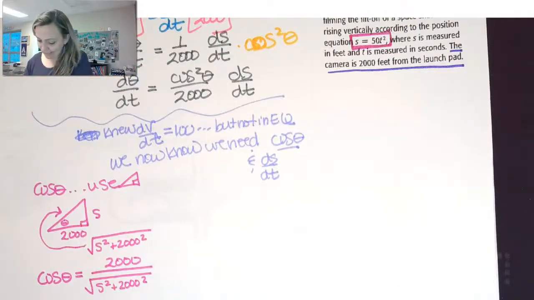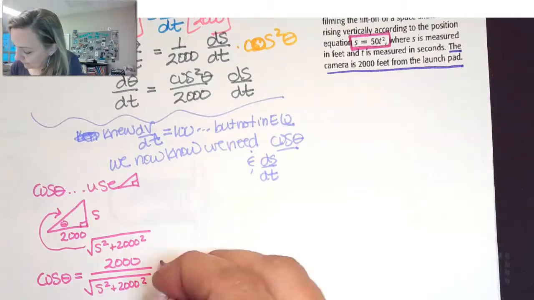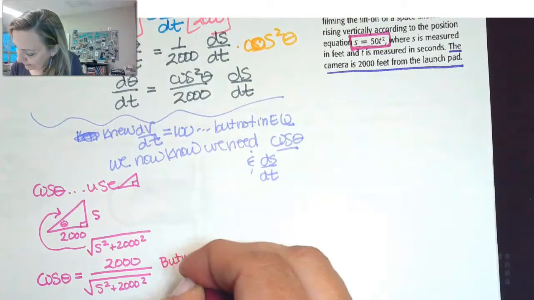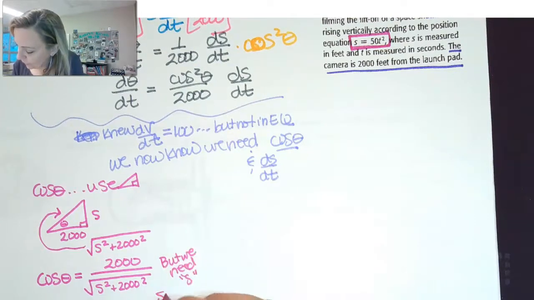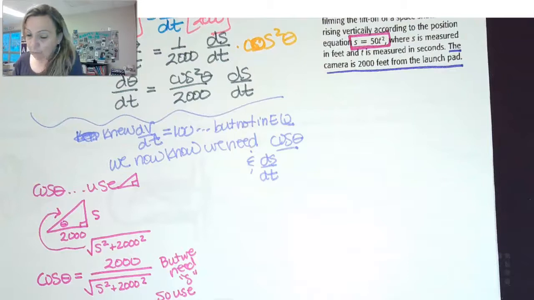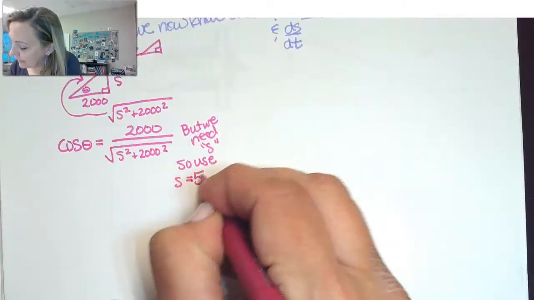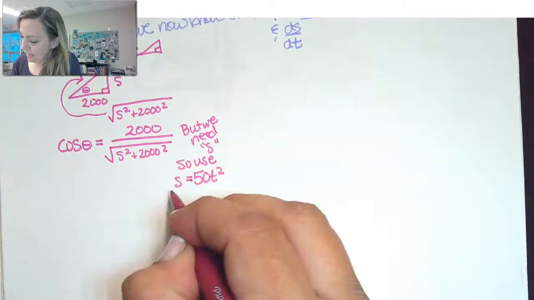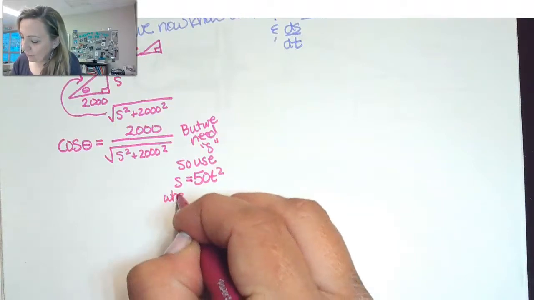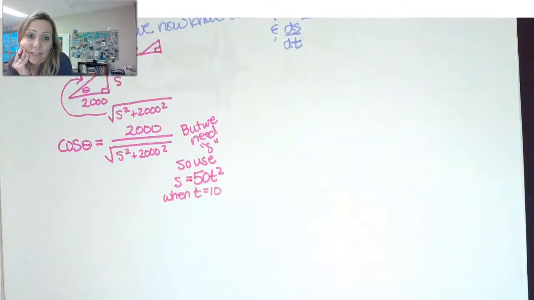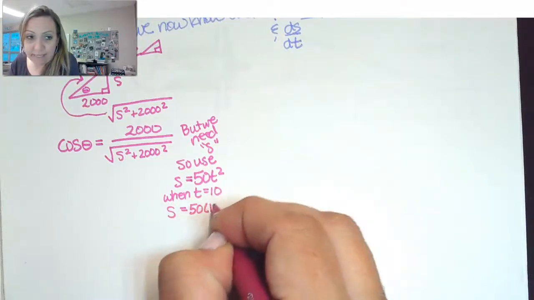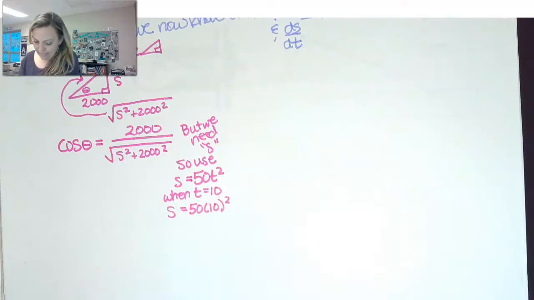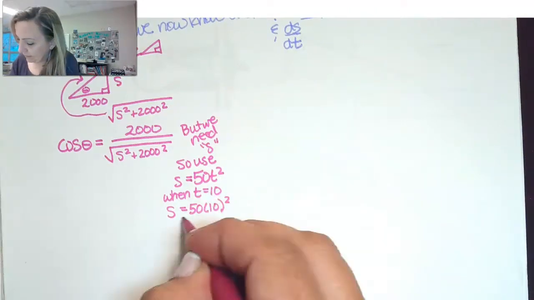So we need s, and we're going to use that s equals 50 t squared. And don't we know t when t is 10? Again, we've differentiated, so now it's legal for me to put that in. So my s is going to be 50 times 10 squared, and that's going to give me 5,000.